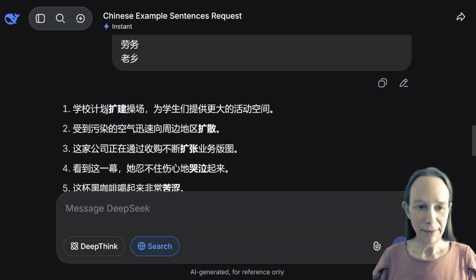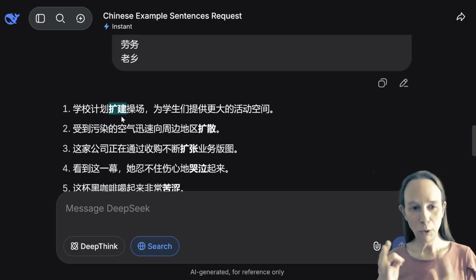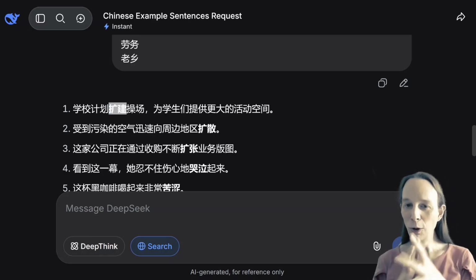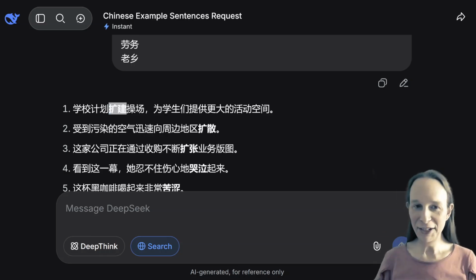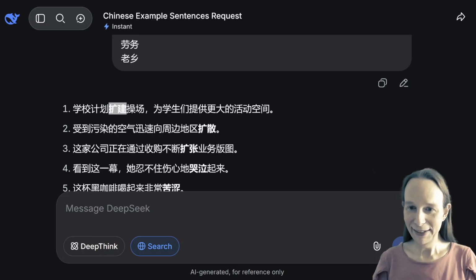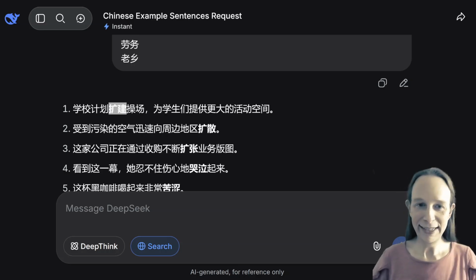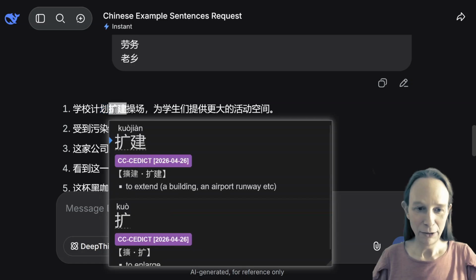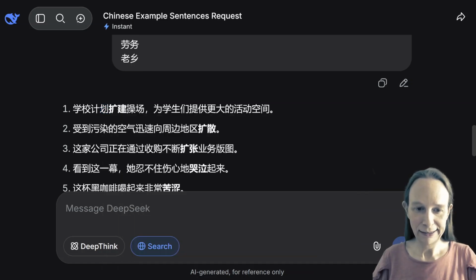学校计划扩建操场，为学生们提供更大的活动空间。So, 扩 pertains to expansion, and 建 means to build something. So 扩建, I assume we're expanding the playground. 扩建, to extend. 操场.